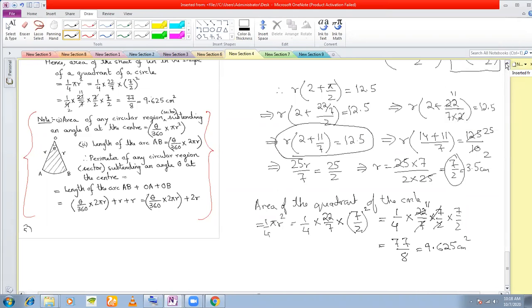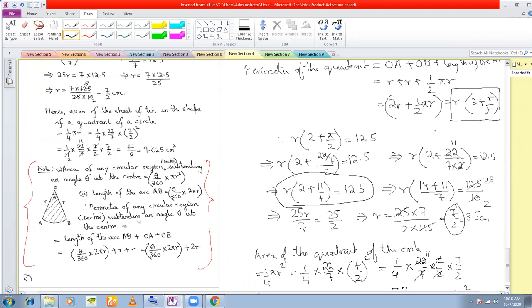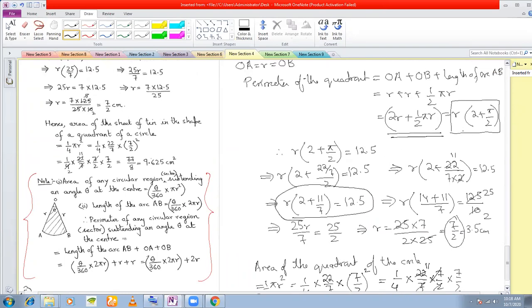If I take r common, then will I get 2 plus pi by 2 or not? If I'm taking this r and this r out, what am I left with? 2 plus half pi, isn't it? Half pi is pi by 2.